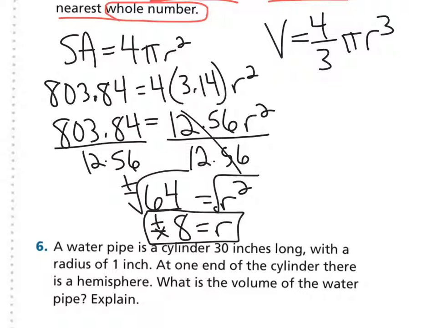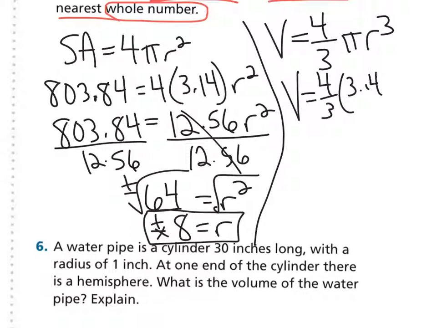Now that we know the radius is 8, now we can figure out what our volume is. So 3.14 for pi, radius is 8. Don't forget to cube it.